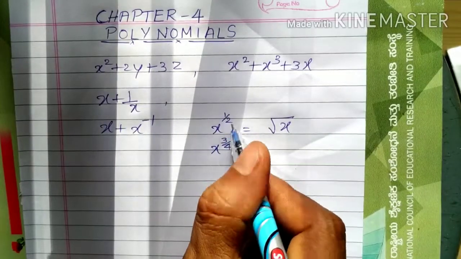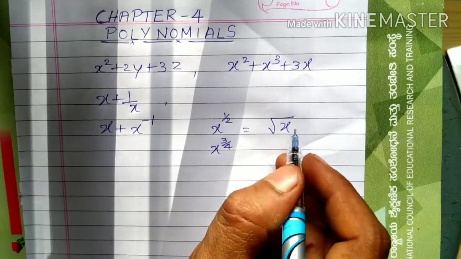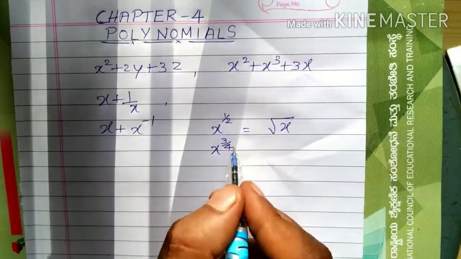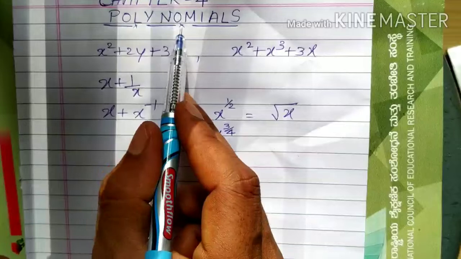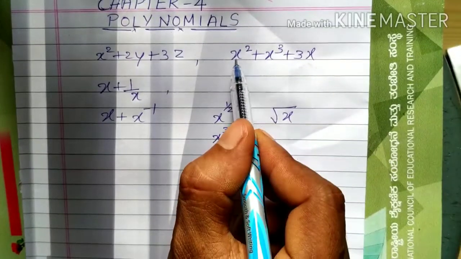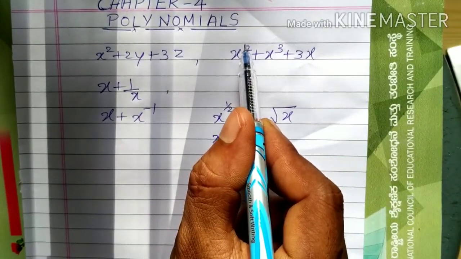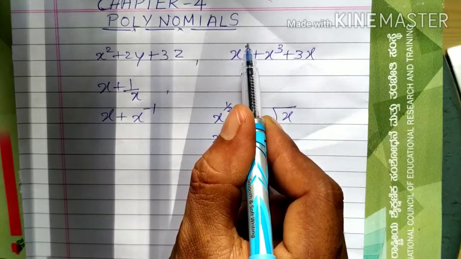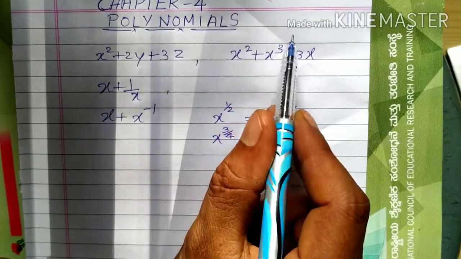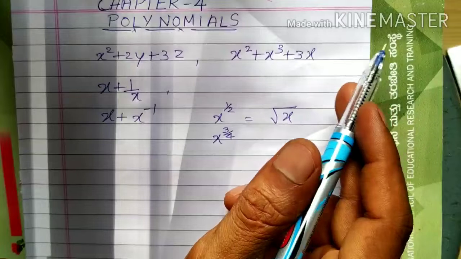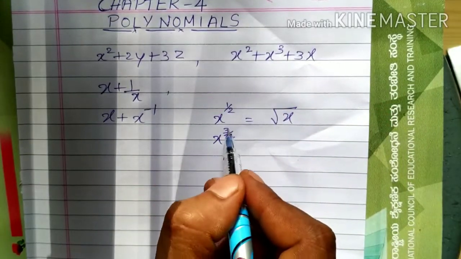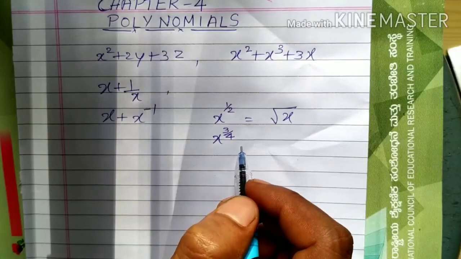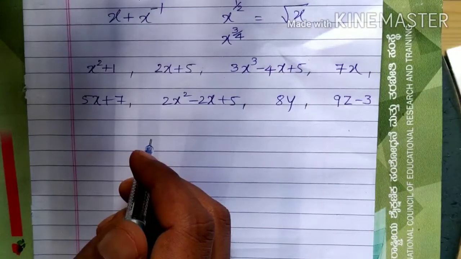If you find a fraction other than whole numbers, then that expression is not a polynomial. Polynomial means the variable must have a non-negative index, that is whole numbers 0, 1, 2, 3, 4, 5 and so on, but not negative numbers or fractions. So this is the definition of polynomials.